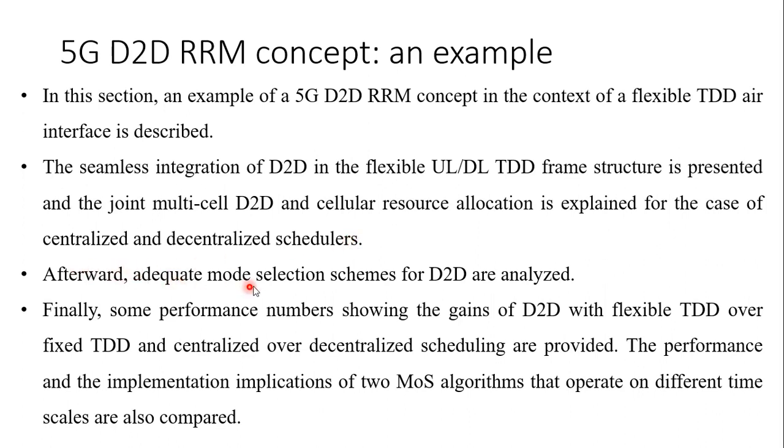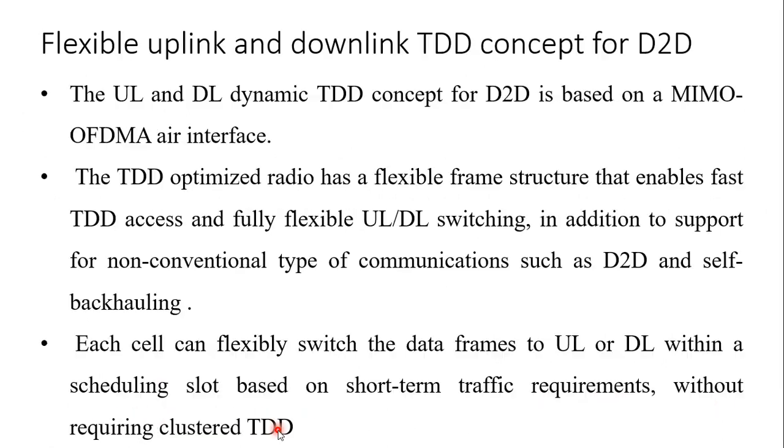Afterwards, adequate mode selection schemes for D2D are analyzed. Finally, some performance numbers showing the gain of D2D with flexible TDD over fixed TDD, and centralized or decentralized scheduling, are provided. The performance and implementation implications of two mode selection algorithms that operate on different time scales are also compared. So we will see what exactly we are comparing.